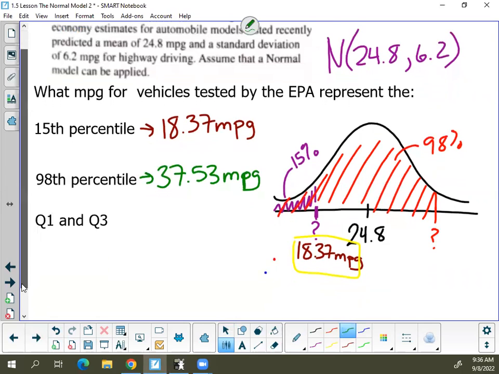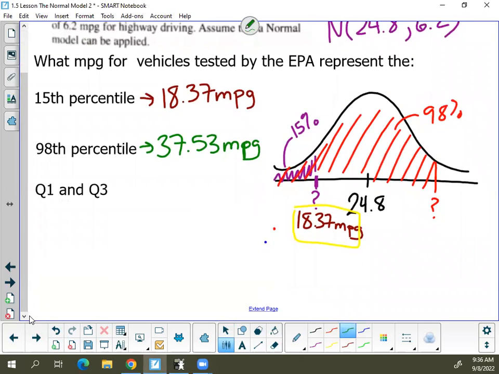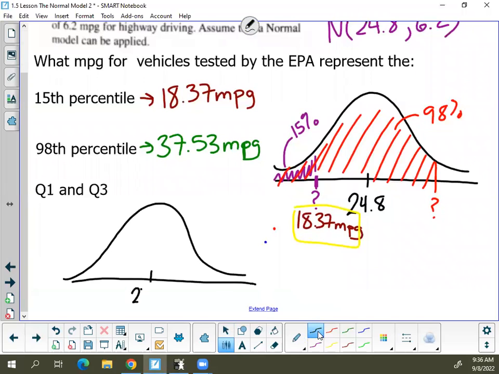The last one is asking to find out the values for Q1 and Q3. So let me draw a new curve quickly here. Again, I'm not great at this, but it's helpful to draw the picture. Q1 cuts off 25% of my data.